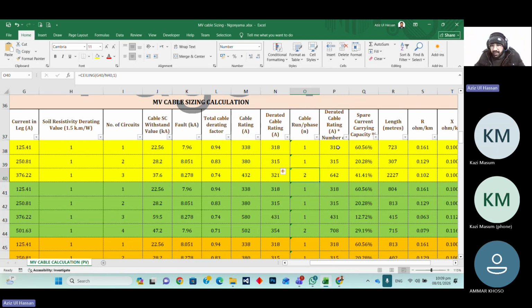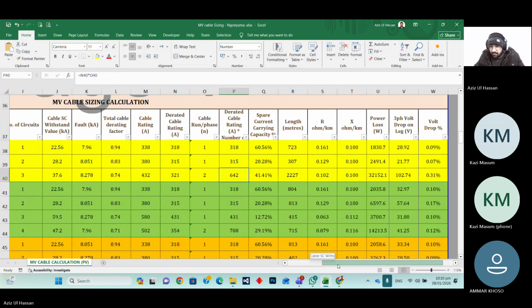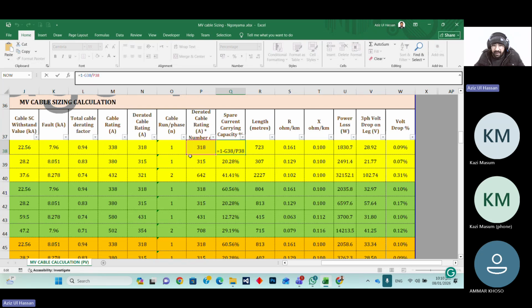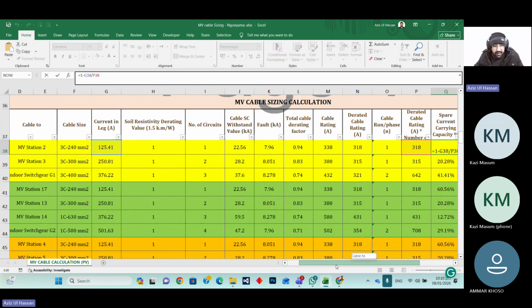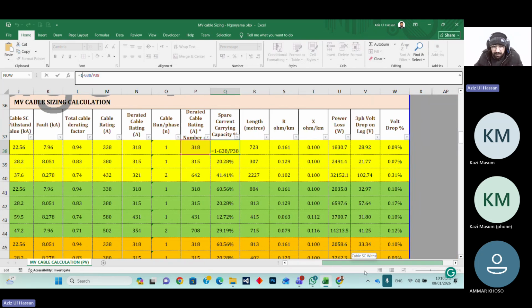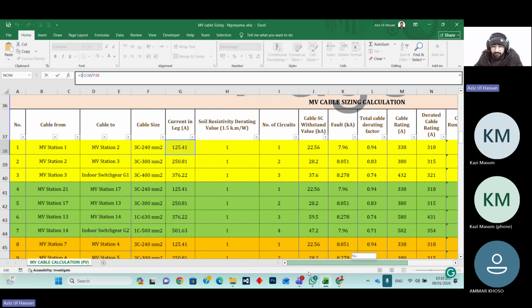Now the derated ampacity after the number of runs per phase: here I have multiplied the two columns and we get that value. Then the spare ampacity of the cables: here we take 1 minus G13 divided by the derated ampacity, where G13 means the total current. Here is the derated ampacity of the cable, and this is the current flowing through that cable.